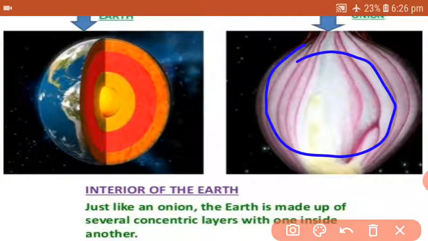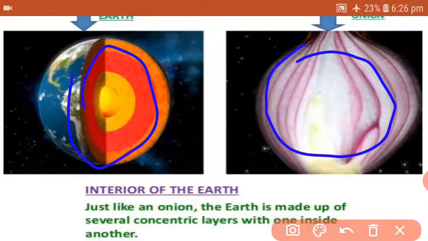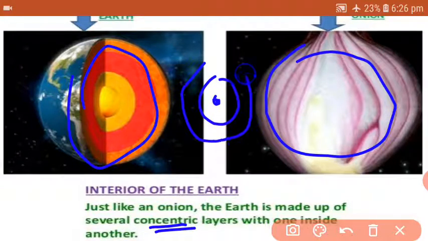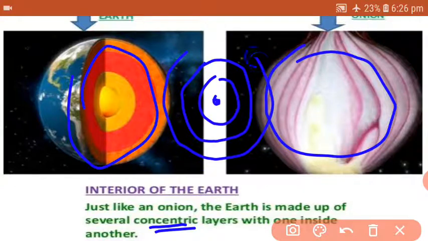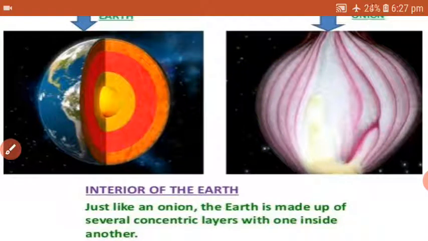Like an onion, the earth also has a number of layers. They are known as concentric layers. Concentric means any figure, any shape which has the same center. If I take this center and draw a number of circles, they have the same center. So they are known as concentric layers. Just like an onion, the earth is also made up of several concentric layers, one inside another.